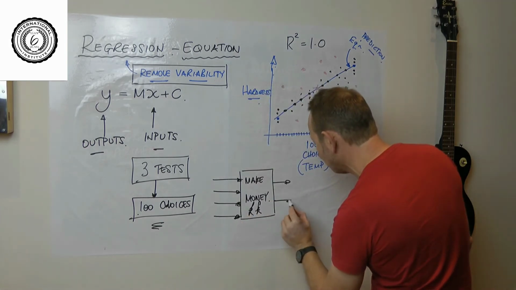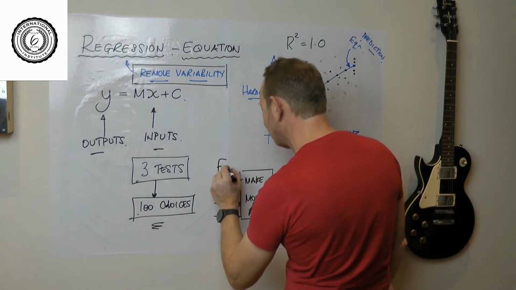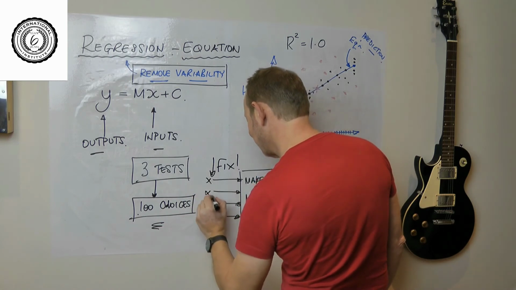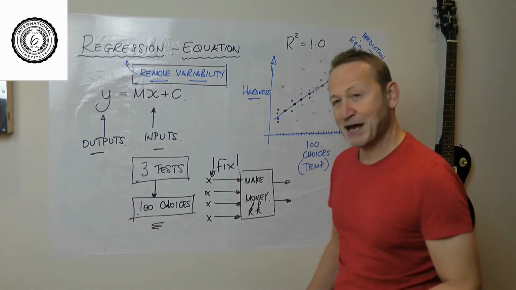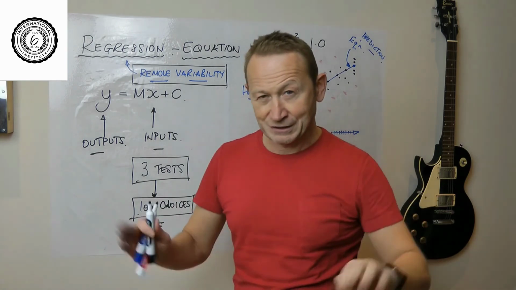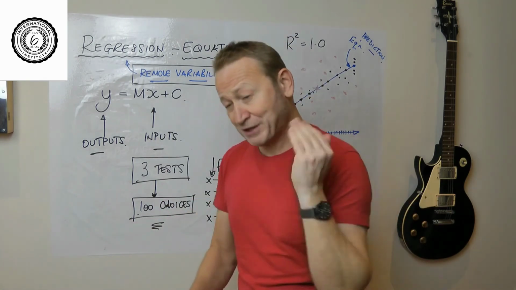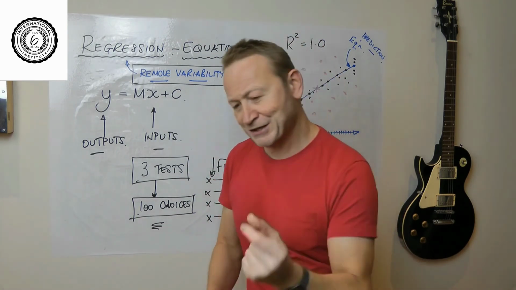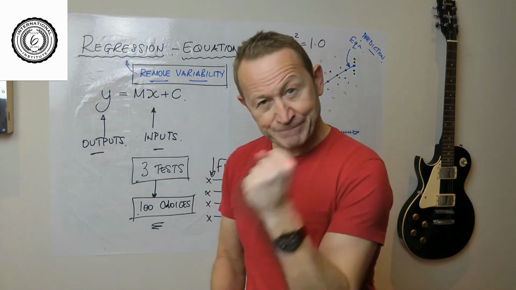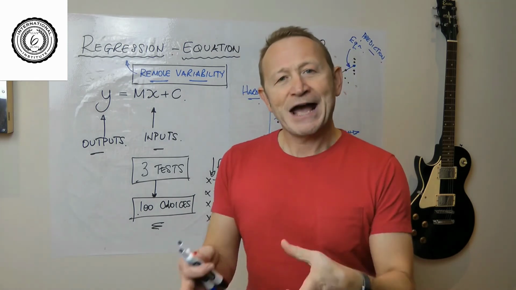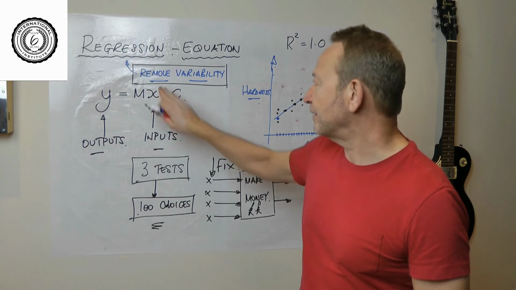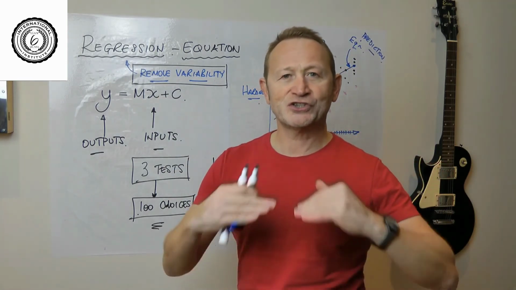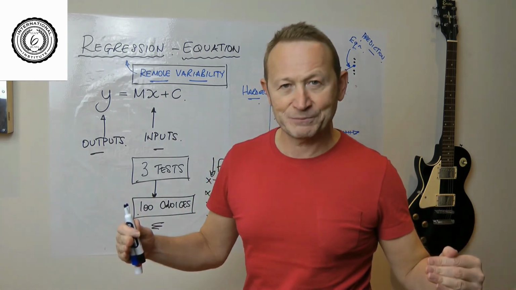Before we get any fancy mathematics out of the box, we are going to fix as many x's as we reasonably can. We are going to put settings in and leave them. We're going to have maintenance routines that we adhere to. We're going to have training that we always adhere to. We're going to have raw material that's always in the right condition. And we're going to remove as much extraneous variability as we can. That's basic, but everything sits on top of that basic procedure.